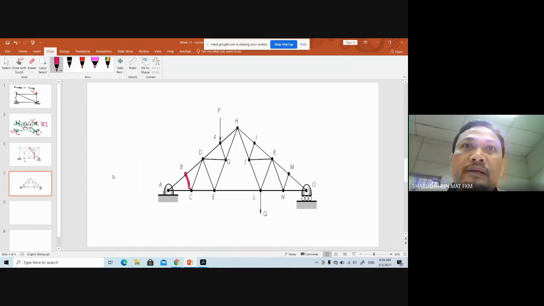When which one is 0? You look at the attachment AC to CE and then to DB. So look at the point. When that one is 0, that one also 0. No force there.